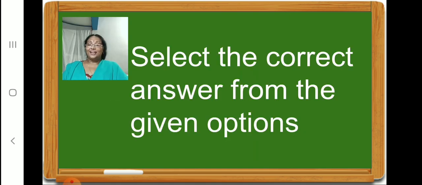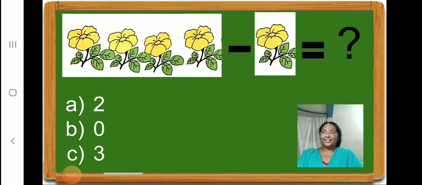Now children, let us solve some questions based on subtraction. Here children, we are going to select the correct answer from the given options. Children, here we have 4 flowers on the left hand side and 1 flower on the right hand side. That means children, we have to take away 1 flower from 4 flowers.